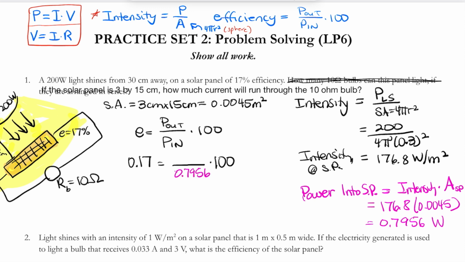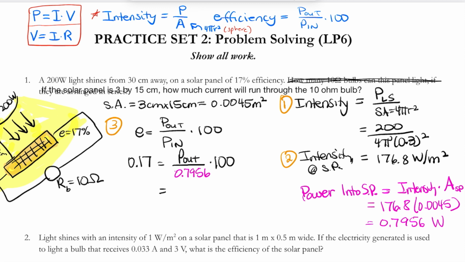Let's number these steps. This is step 1, this was step 2, and now we're using this as step 3. I didn't finish step 3 yet. Now we're going to be able to solve for power out.